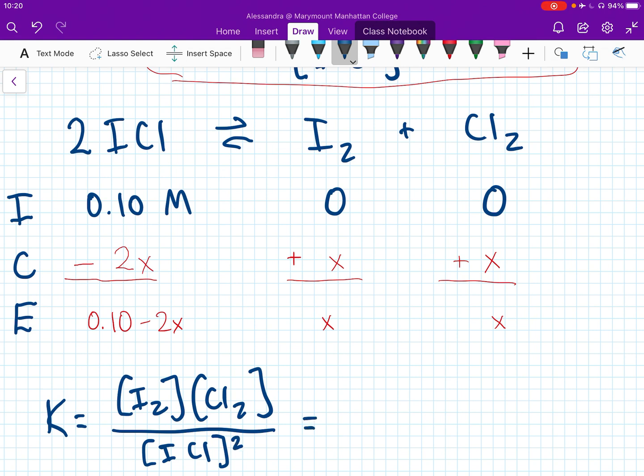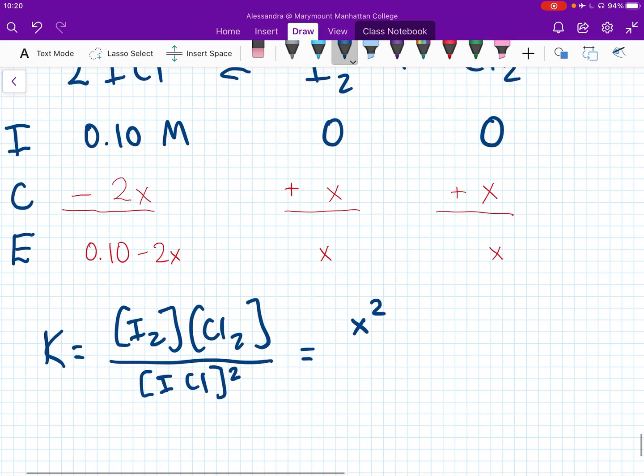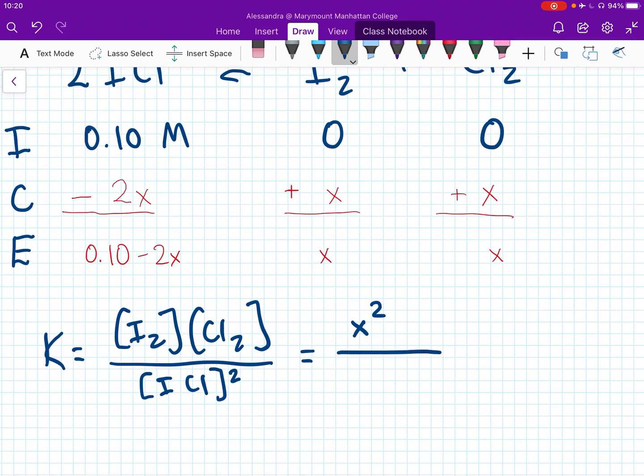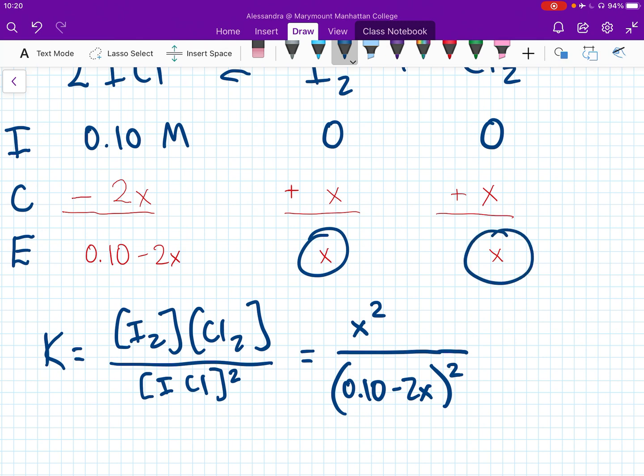And plugging in my equilibrium concentrations, I have x times x, so that's x squared in the numerator, over 0.10 minus 2x squared. Okay, so I'm plugging in x and x into the numerator. x times x is x squared. And then in the denominator, I'm plugging this expression in here, and then it gets squared because I have that exponent from the expression for K.